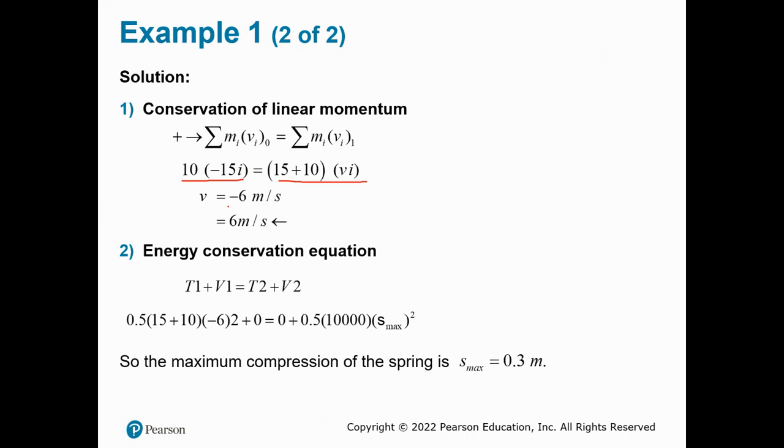The next equation will be the energy conservation equation. Initial total energy includes the kinetic energy. This is talking about after the collision, after they stick together and keep moving to the left and compress the spring.